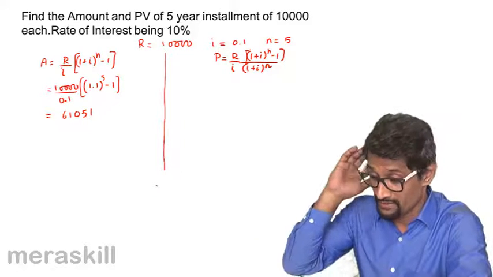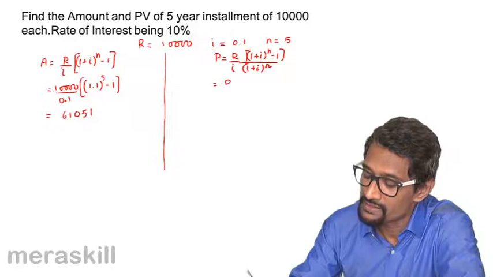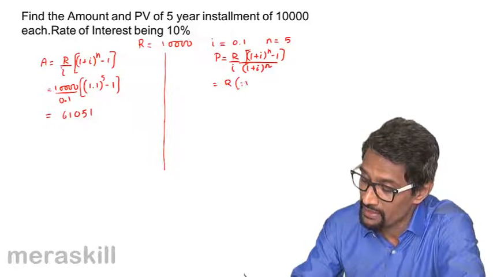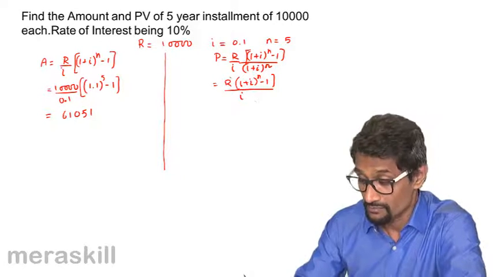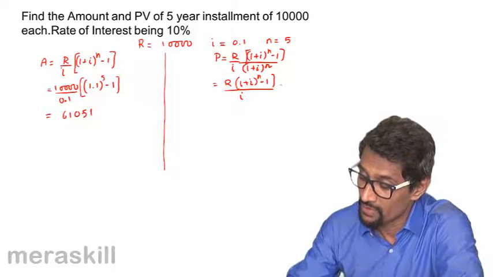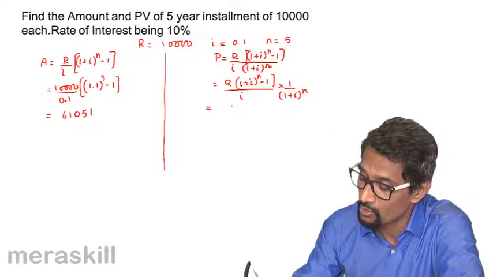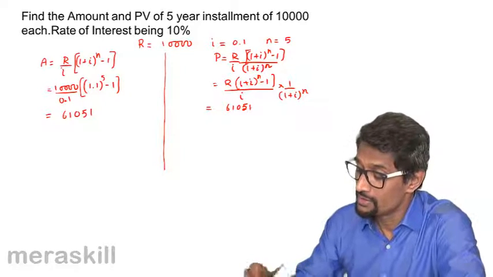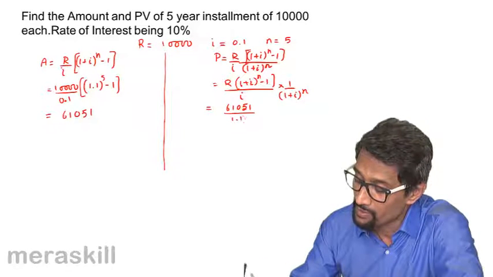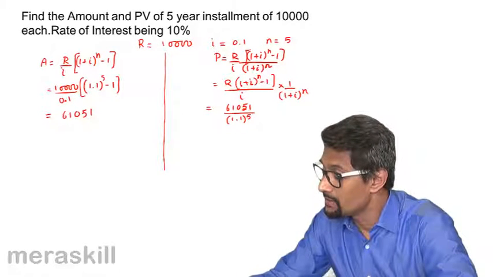Now we need to find the present value. We already calculated this part. This can be simplified. Since it's the same set of values, you can write it as R into 1 plus I raised to n minus 1 upon I, which is what you calculated now, into 1 upon 1 plus I raised to n. This alone is 61,051, and you're going to divide it by 1.1 raised to 5.